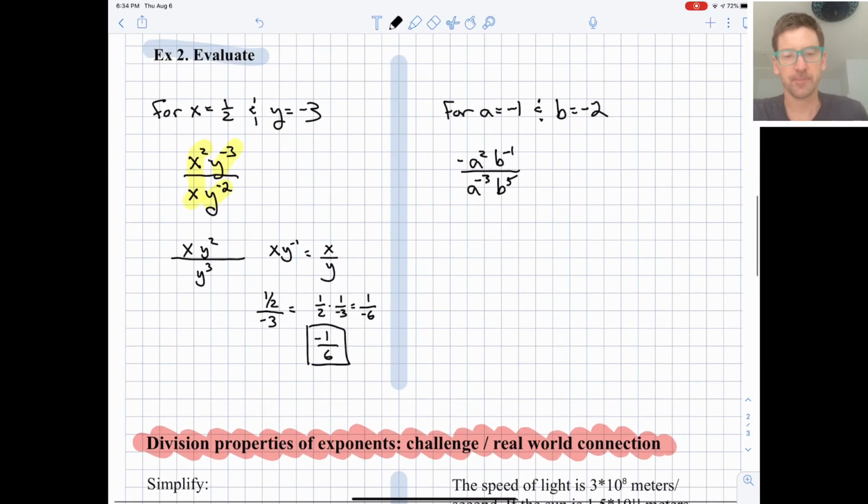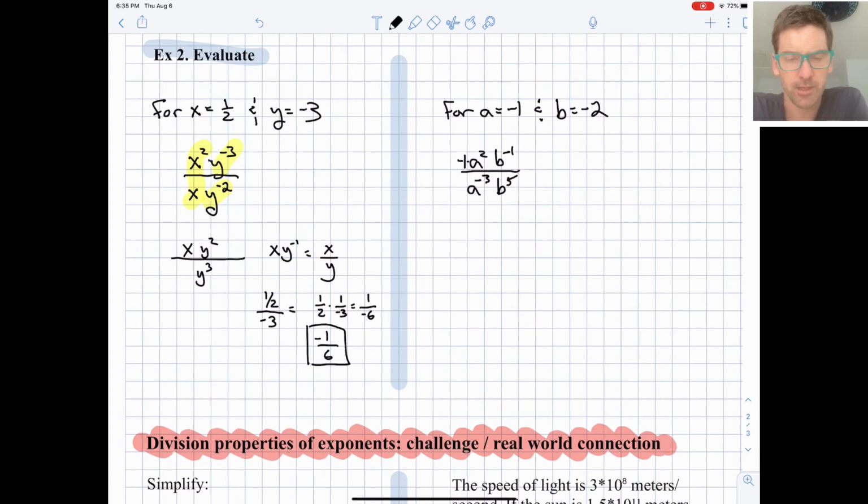All right, and then for our last one today, looks like we have a negative 1 out front. I'm going to write that in so we remember it. A squared and some b's, and again, you can treat the a's and b's independently and separately. So what you're going to see me do, I'm going to try to be a little bit more efficient here.